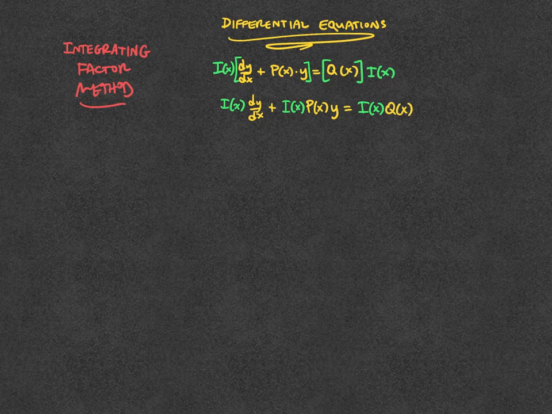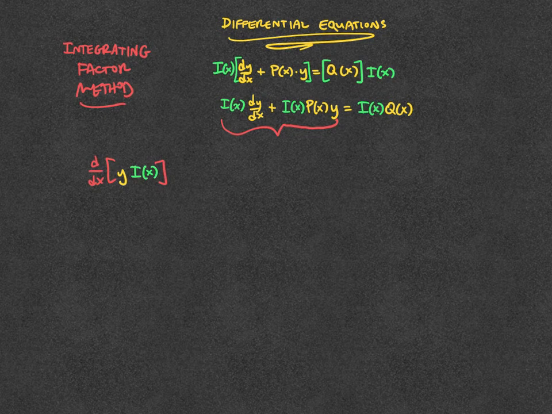What's brilliant is that this right here ends up being the product rule. If I were to take the derivative of the following expression with respect to x, it actually comes out to be that expression right there.